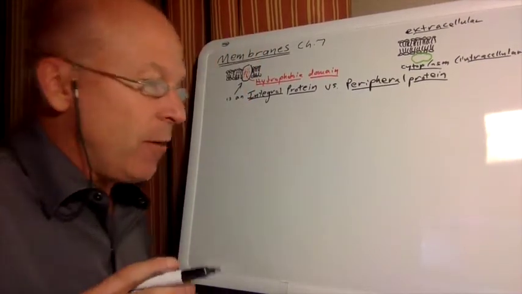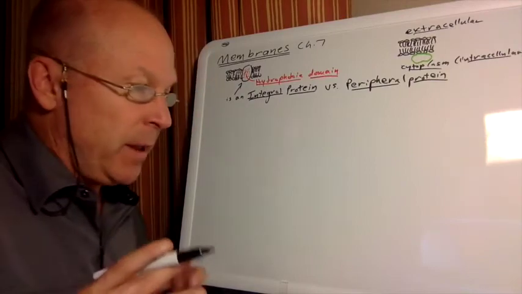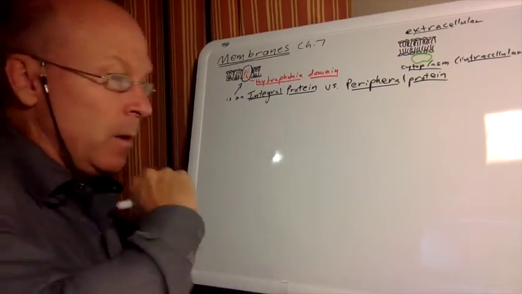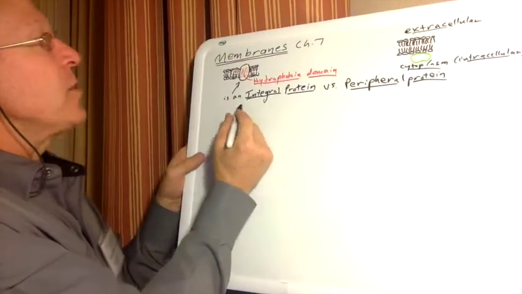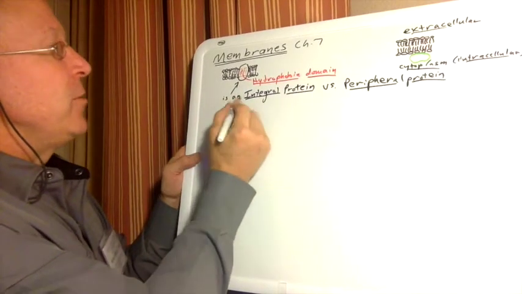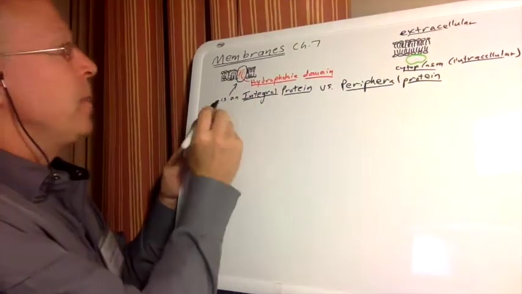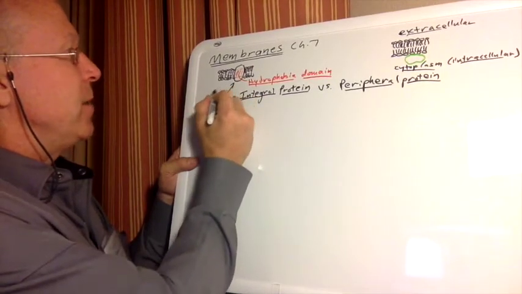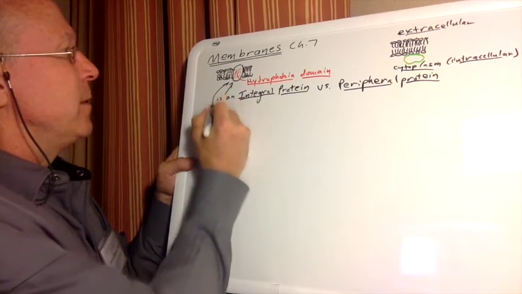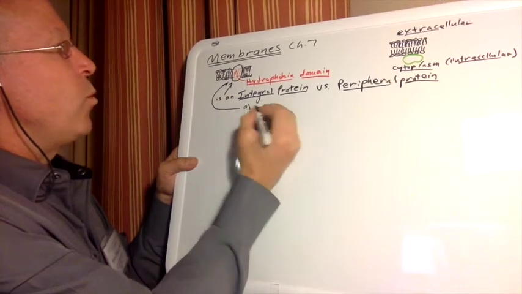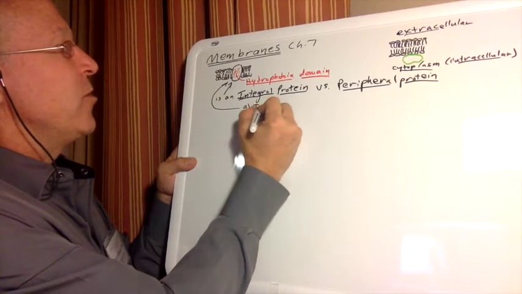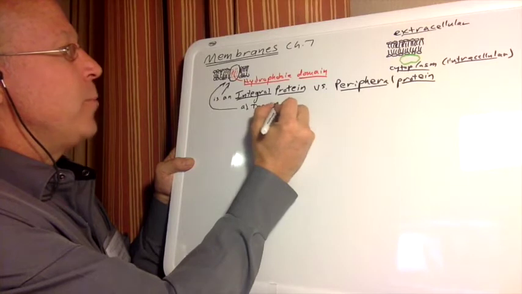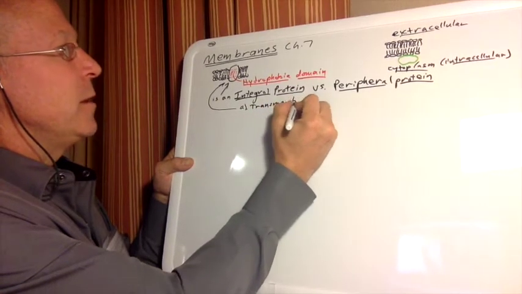We talked about the hydrophobic domain, that it's penetrating the membrane. There's actually a couple ways that integral proteins can be. The first type, of which again, this is one, is what we will call a transmembrane protein.